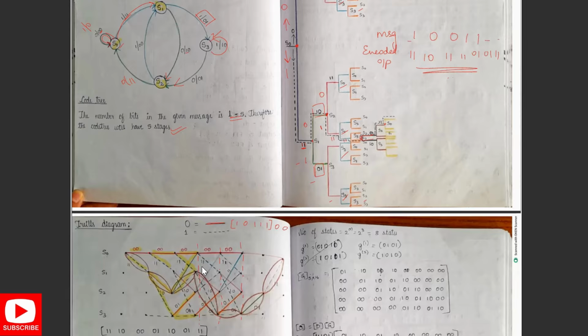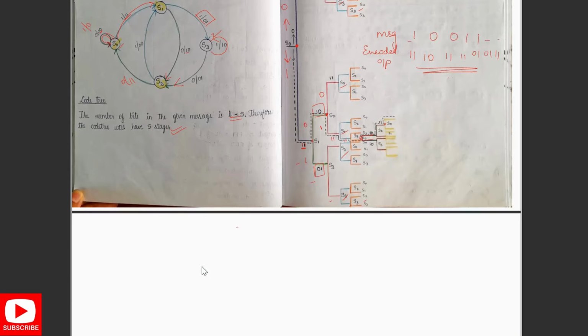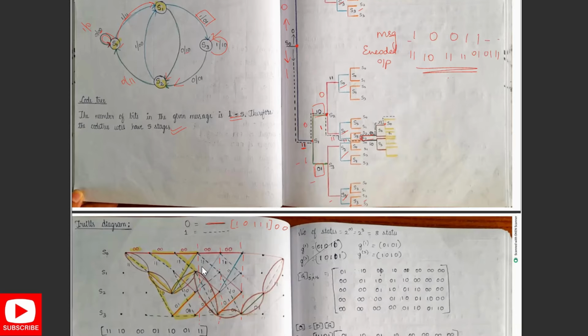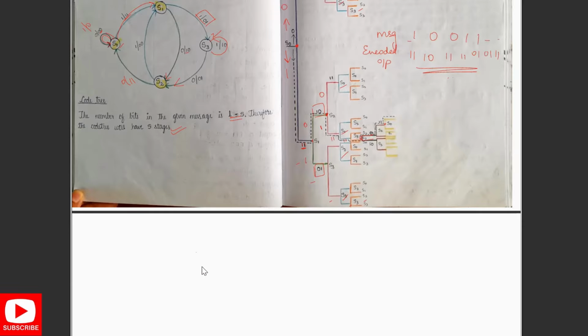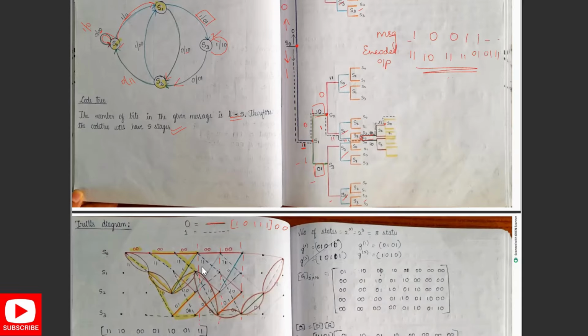So next what happens? The first thing is you have to move in the 1. As I said, this is the i equal to 0 path, and this is i equal to 1, i equal to 2, i equal to 3, i equal to 4, like that it moves.